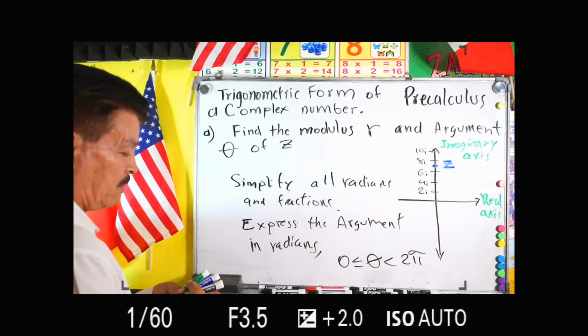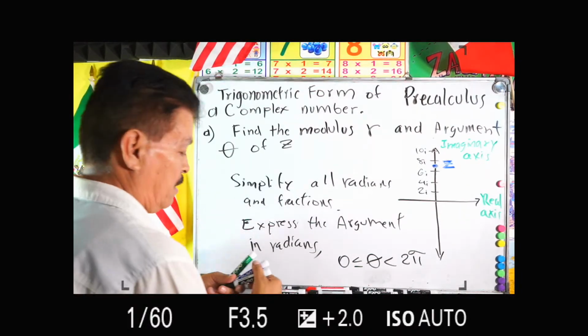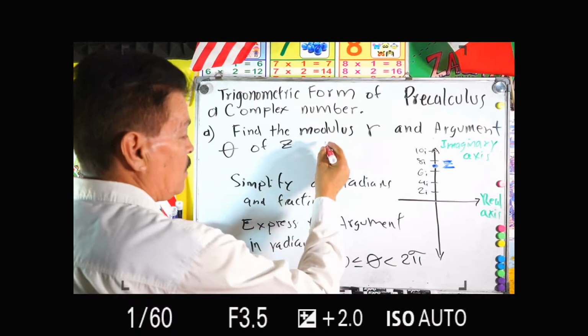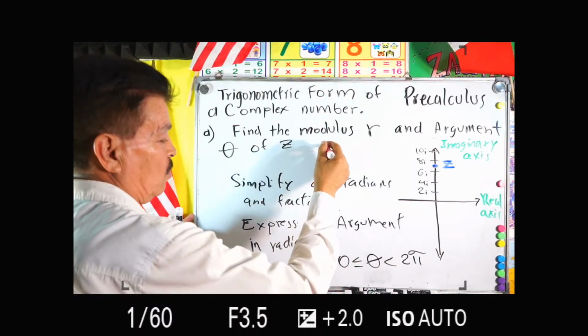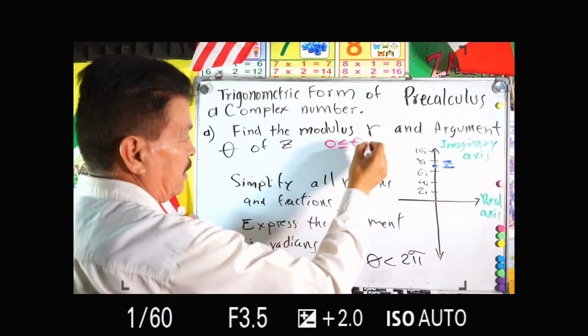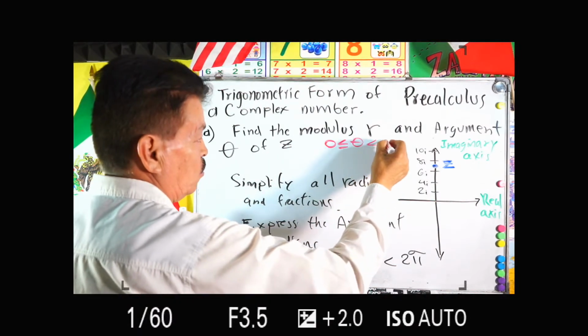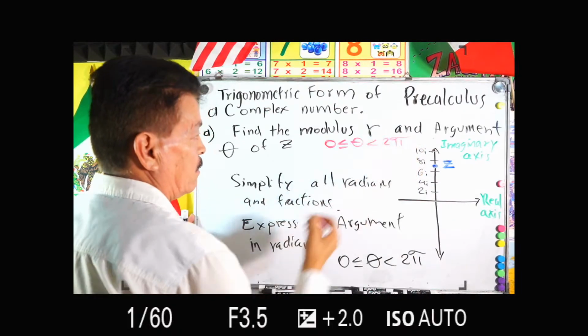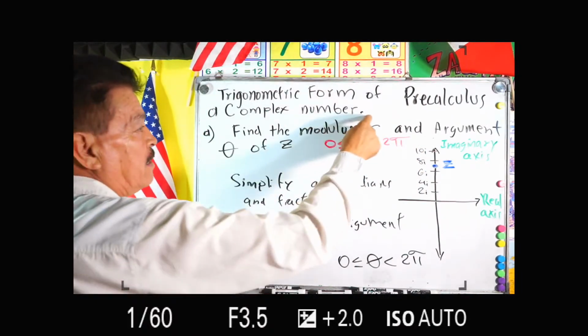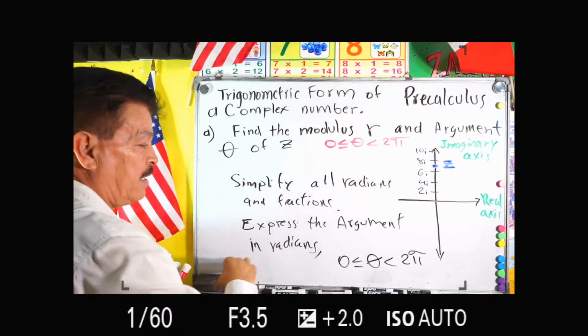So I will write the problem here, because I will erase this. So write 0 less than or equal to this angle, and then less than 2 pi. Okay, see? So we have to find r and then the angle.